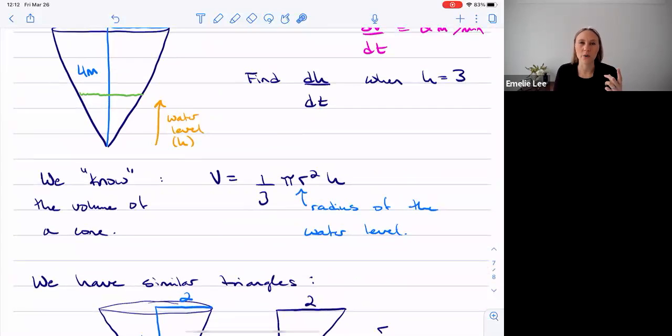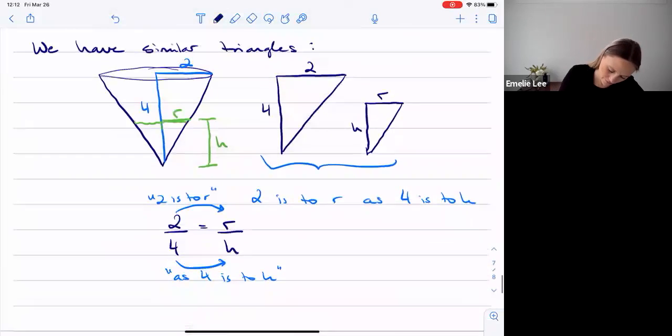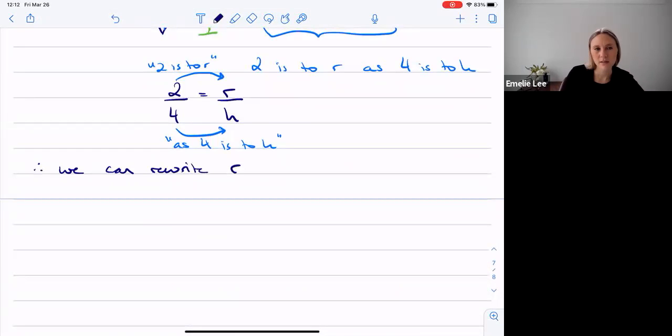So now we can rewrite r. Therefore, we can rewrite r in terms of h to eliminate r from our equation, right? And only have h's and V's in our equation.